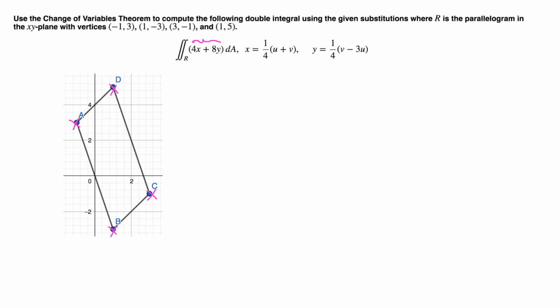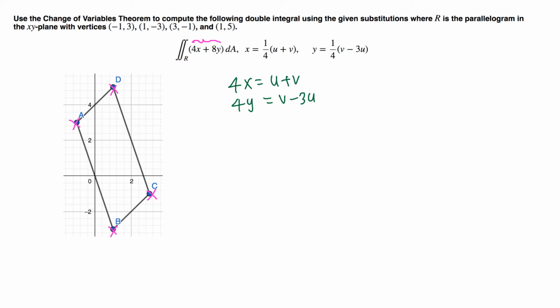So x equals 1/4 quantity u plus v is the same as 4x equals u plus v, and here 4y equals v minus 3u. I'm trying to solve these two equations for u and v.